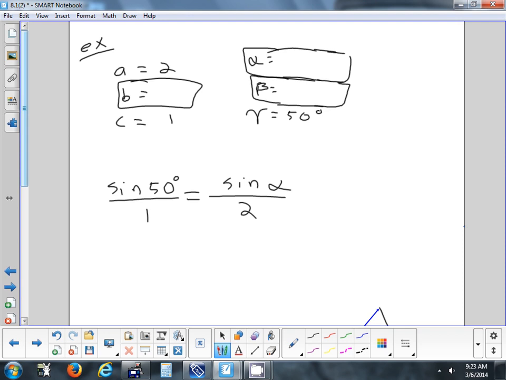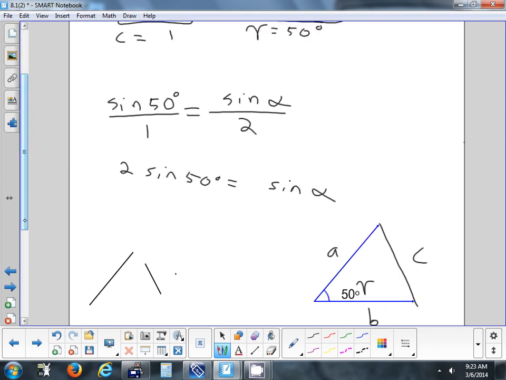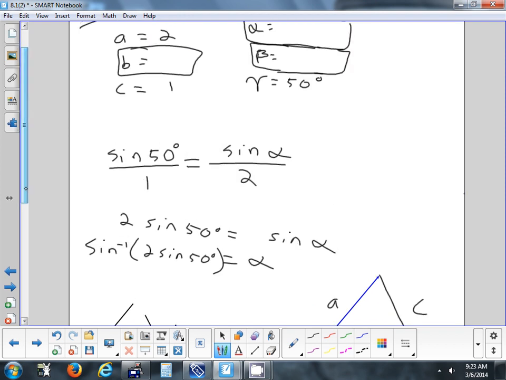So all we really need to do is double each side. 2 sine 50 equals sine alpha. And to get alpha by itself, we would have inverse sine of 2 sine 50.